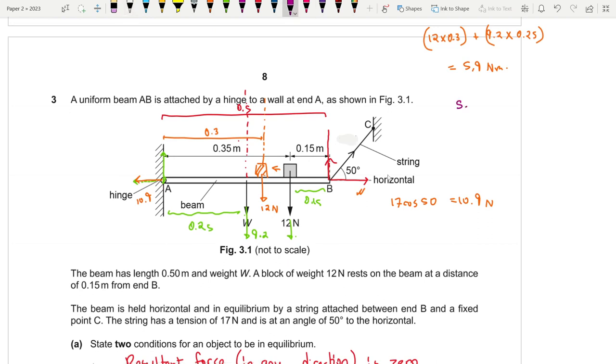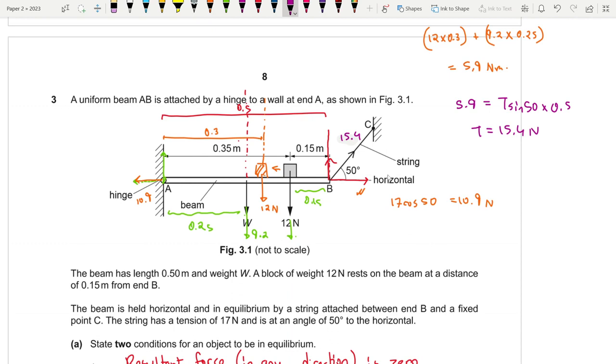So check this. 5.9 is going to be equal to the tension times sine 50 times 0.5 distance. Let's try solving this. 5.9 by 0.5 divided by sine 50. This gives you an answer of T equal to 15.4 newtons. This is our new tension after the block has been moved closer to end A.